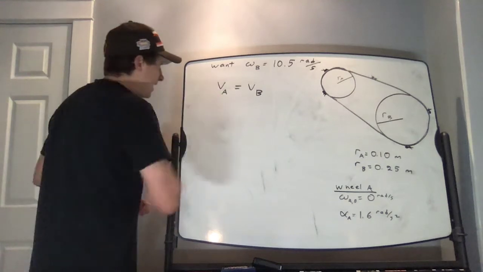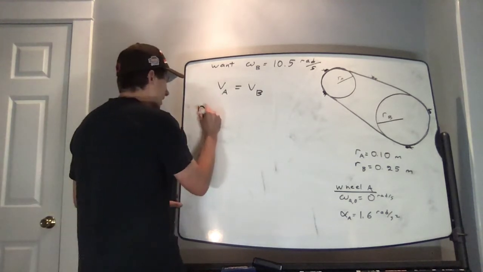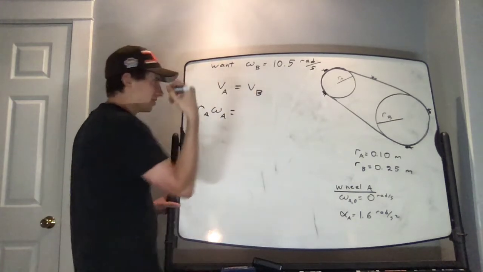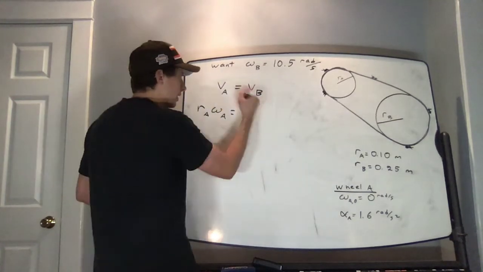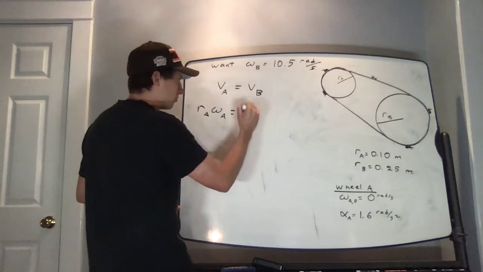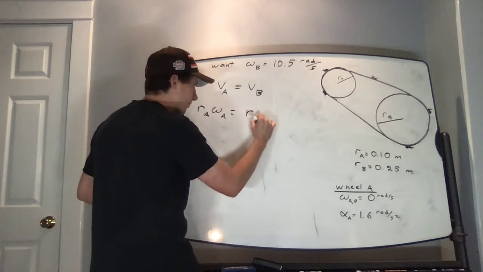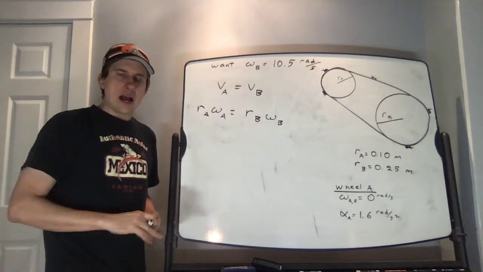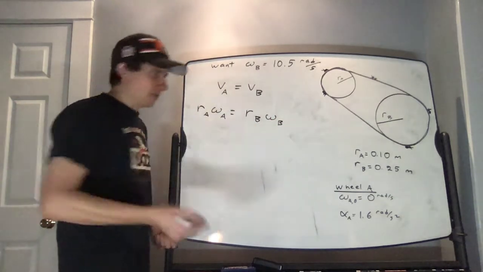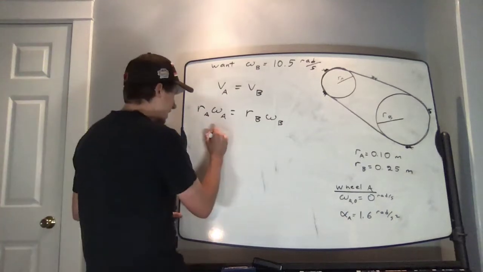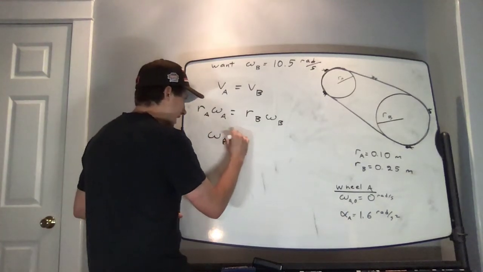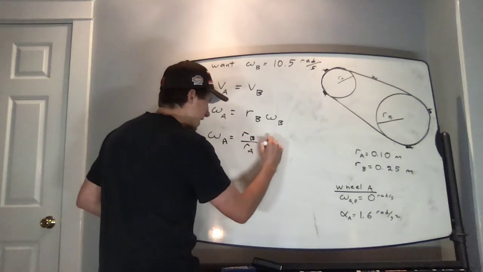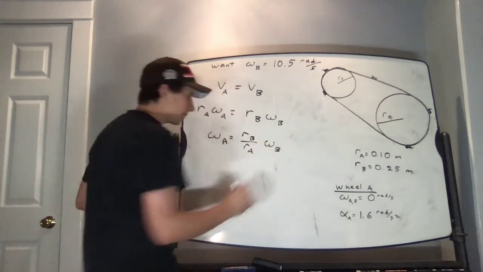Now, we learned that v equals r omega. So for wheel A, I could say r_A omega_A should be equal to the linear velocity of wheel B, which could be rewritten as r_B omega_B. So if I wanted to, I could write the angular velocity of wheel A, omega_A, as r_B over r_A times omega_B.